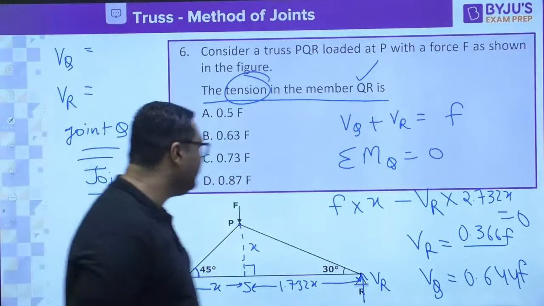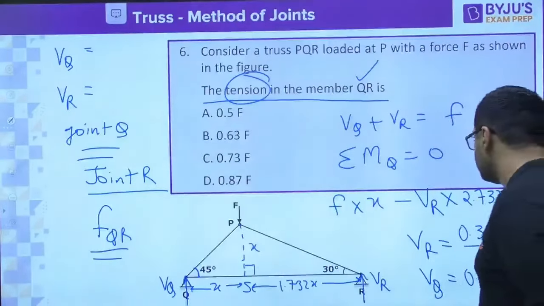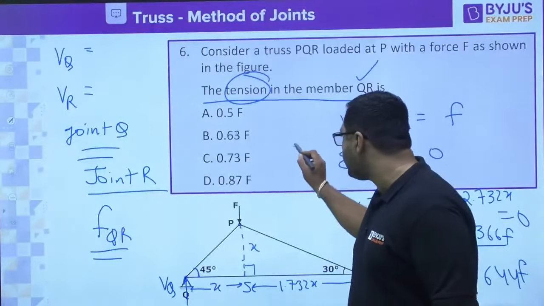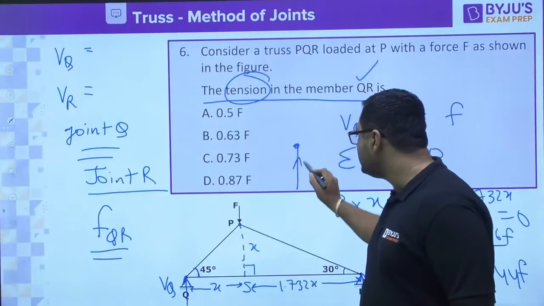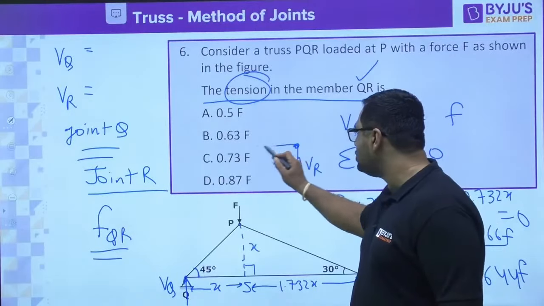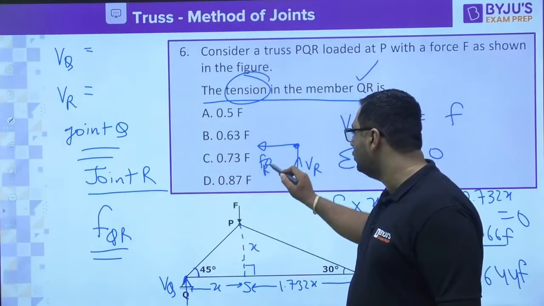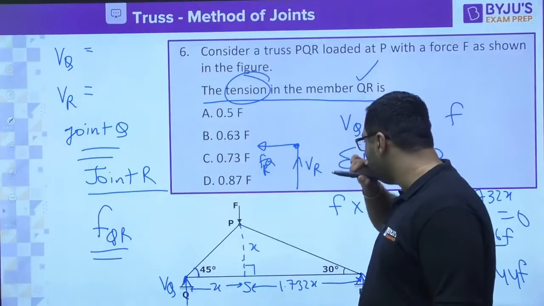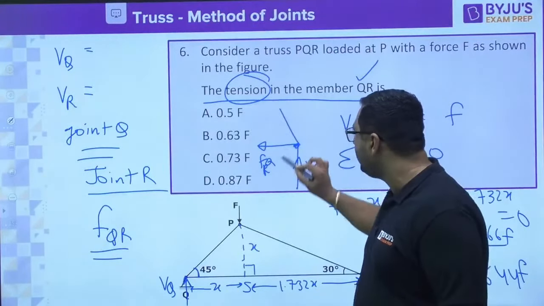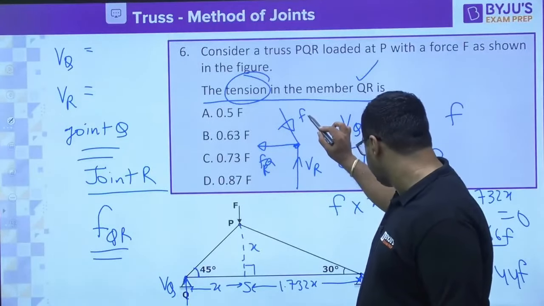Okay, so what would be the answer? FQR. I am waiting for your response. You can take even joint R. In joint R, this is VR, and it is already mentioned that it is under tension. So this is FQR, FRQ, and if it is like that, it should be FPR.